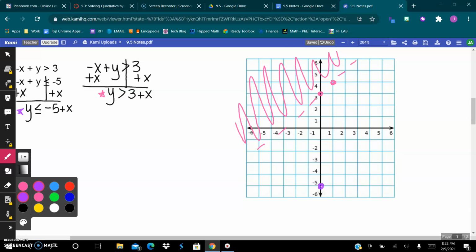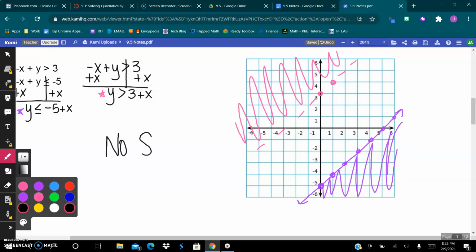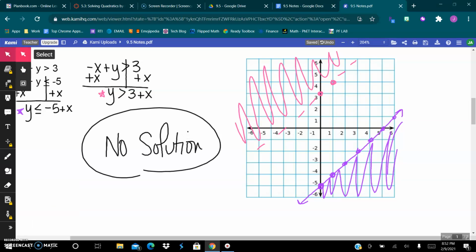Our slope is a positive 1, so up 1 over 1. Our inequality is underlined, so that is a solid line. And y is less than, so we're going to shade underneath that one. These shadings do not overlap, so that means there is no solution. There is nowhere on this graph where these two shadings overlap.